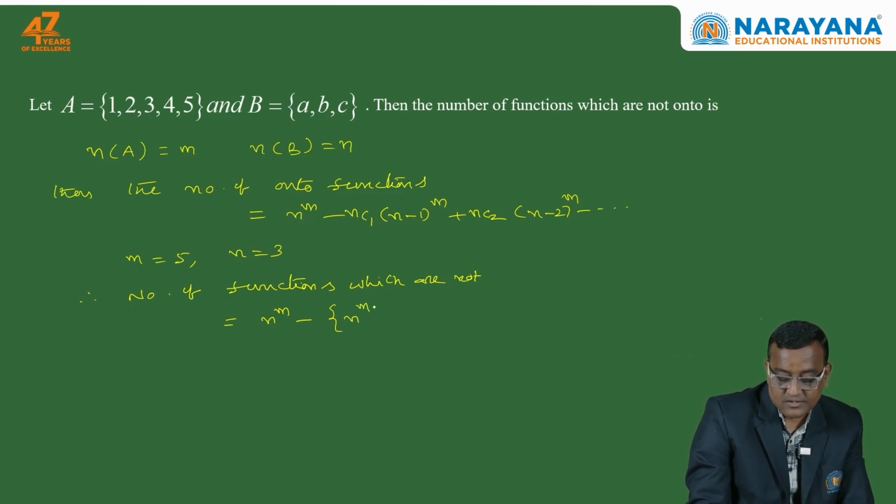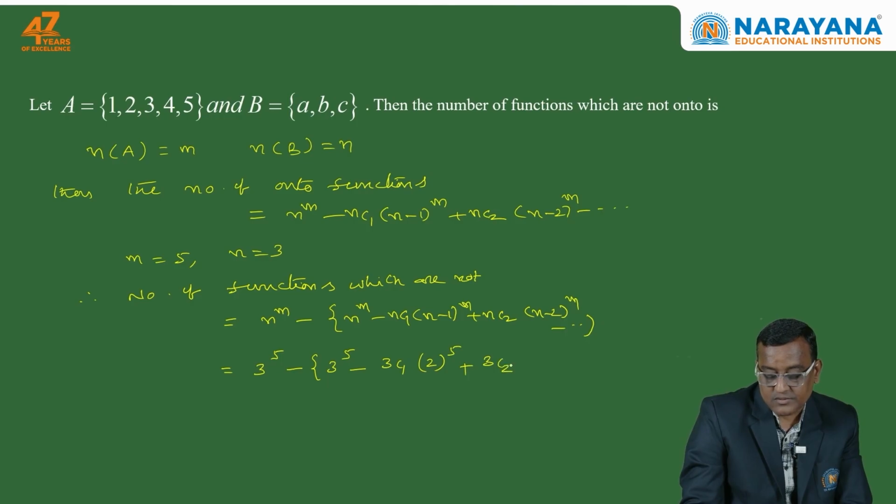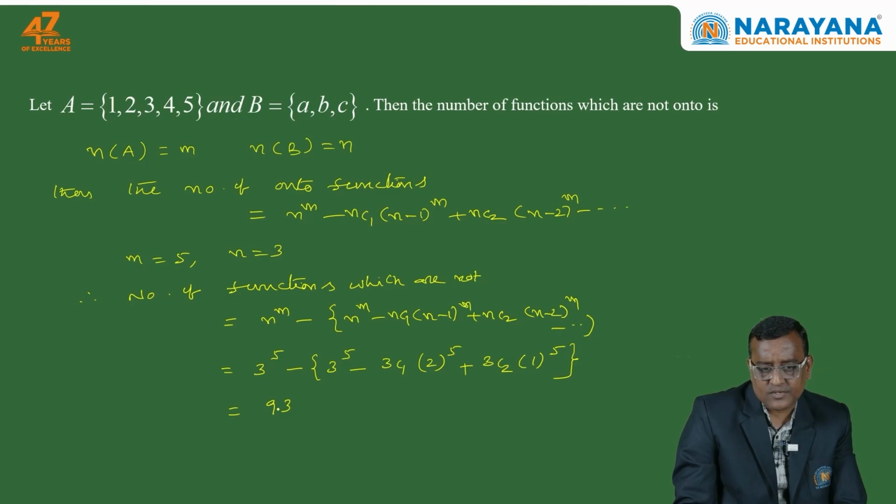For the number of onto functions, just substitute in the formula: 3 power 5 minus 3C1 into (3 minus 1), that is 2 power 5, plus 3C2 into (3 minus 2), 1 power 5. Next you get 0, the last term in this series. If you simplify this, we get 93. So it is a simple question.